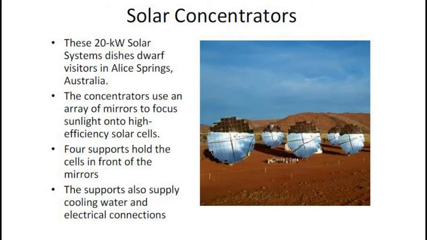It is used to improve the efficiency of the cells or the panels. So the main function of the solar concentrators is that it will collect more area of solar radiation and concentrate it on one single spot. So due to this, the efficiency of the solar cell and solar panel will improve.